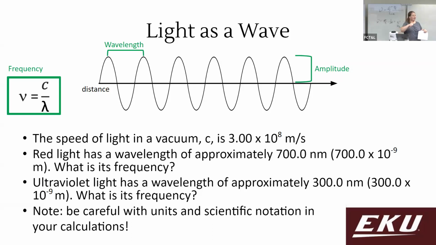They have the wavelengths that I gave them, the frequencies that they've calculated, and we've already put them in order of which should have the higher energy, right? Ultraviolet has higher energy than anything in the visible region like red.